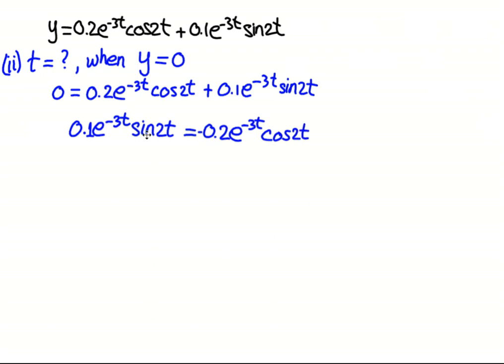Now, because e to the negative 3t is positive, it's not going to be 0. So if I divide that on both sides, the equation will still be true.